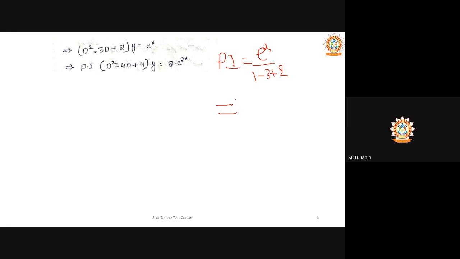Multiply x in the numerator, that is x e power x, divided by, do the differentiation for the denominator, that is D square is 2D, minus 3D is 3, plus 2 is 0. Now substitute in the place of D as 1. What will it become? x e power x divided by minus 1. Very good, minus 1. So it is minus x e power x.